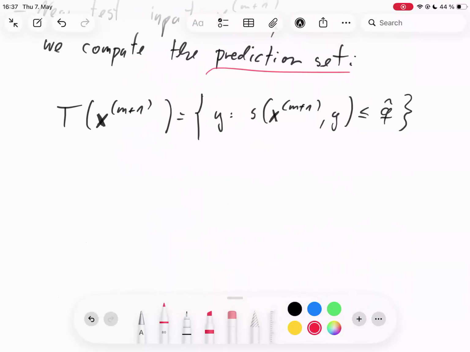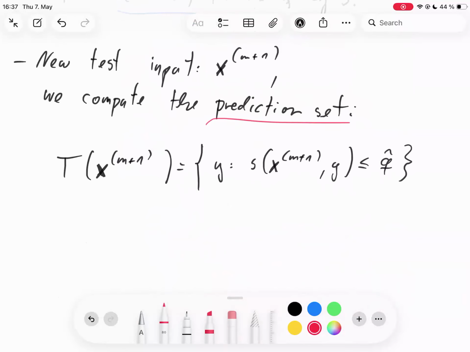So what we have is the prediction set, and intuitively, this prediction set would be all the outputs y, all the possible labels that are plausible given the input. We go through all the labels y, and we take the ones for which the conformal score of the example and the label is less than or equal to Q hat.